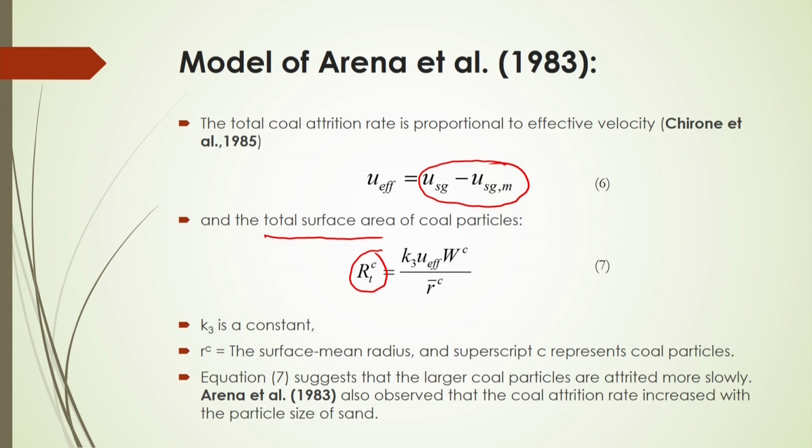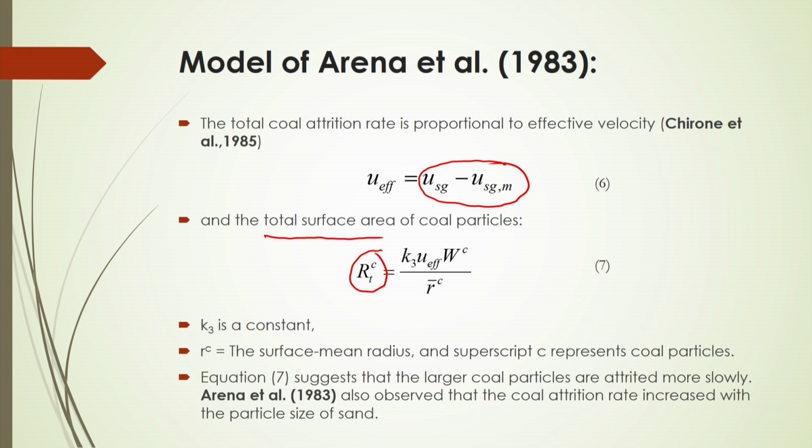Now, equation 7 suggests that larger coal particles attrite more slowly, whereas the earlier model stated that larger particles may attrite faster.